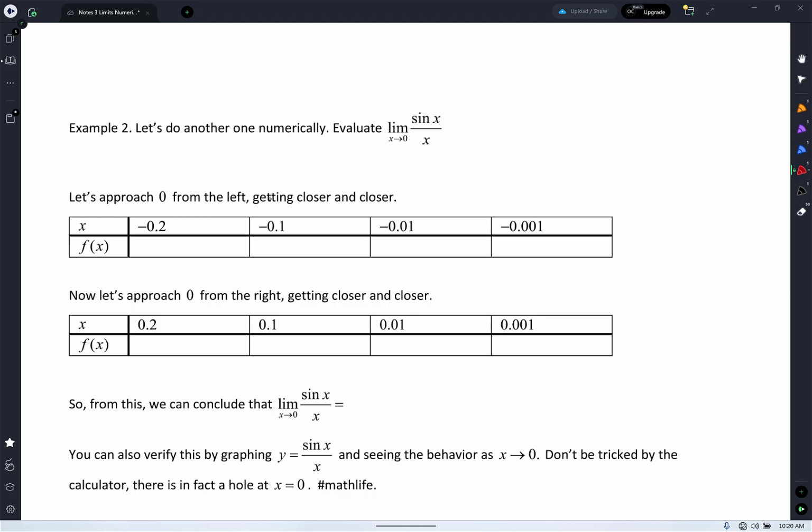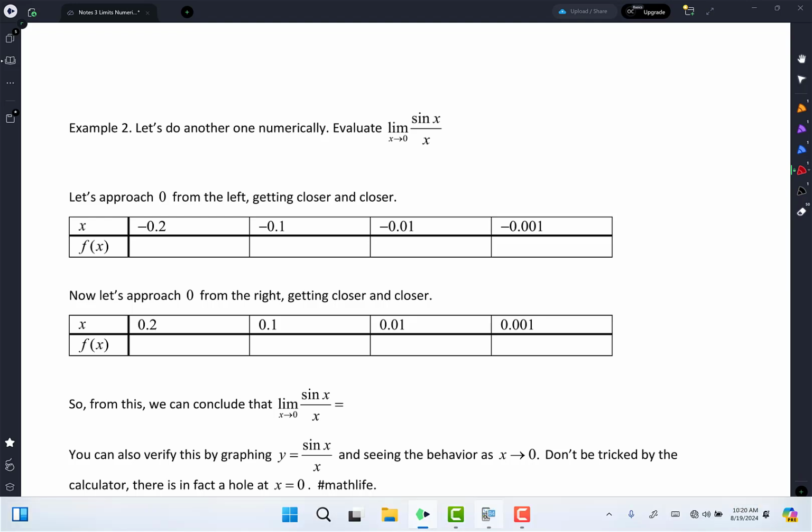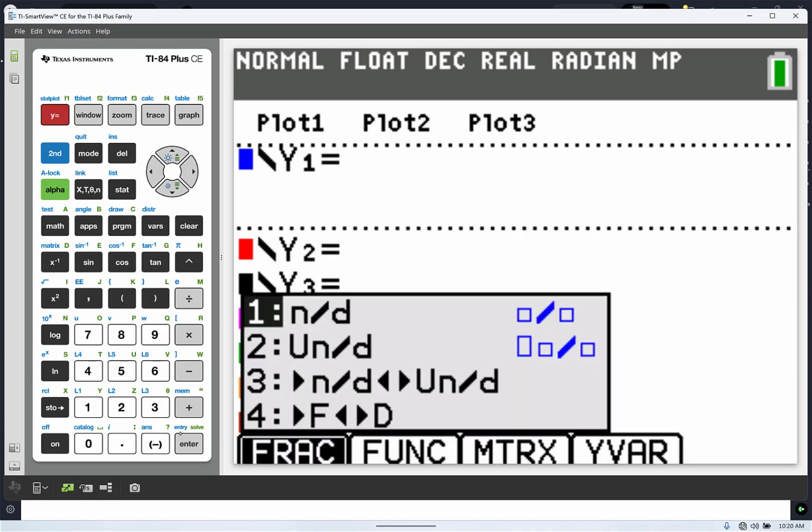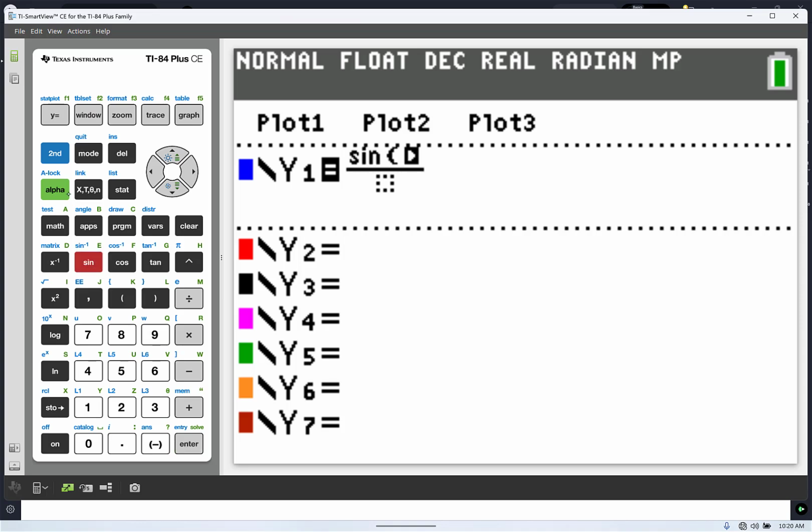Limit as x approaches 0 of sine x over x. You guys ready? Yeah, there's a giant fly, I know. Here we go. Take your calculator, click on y equals, put sine x over x. To get that little fraction thing, sine x over x. Maybe push graph, maybe you can look at a graph, but I don't want to look at a graph.